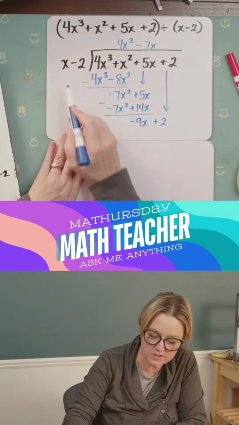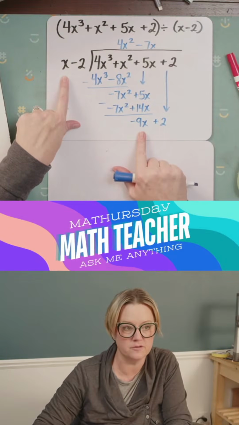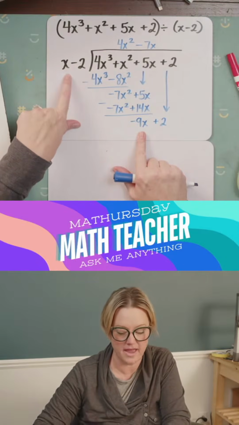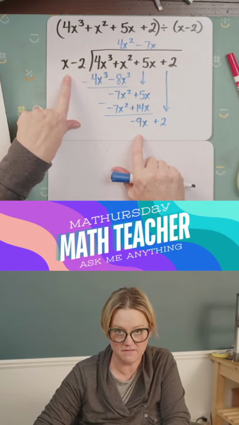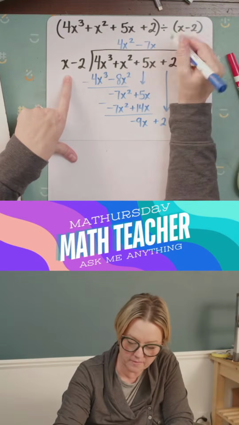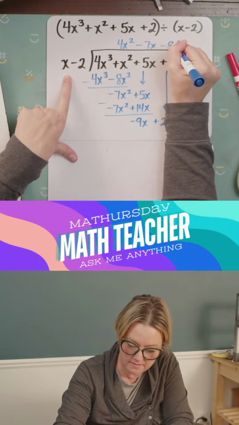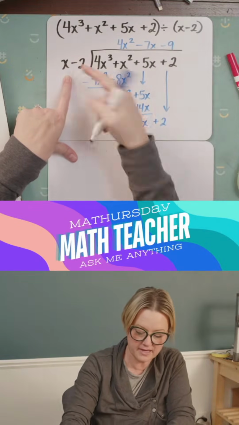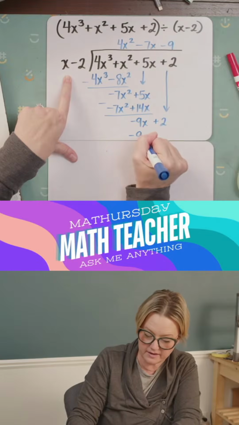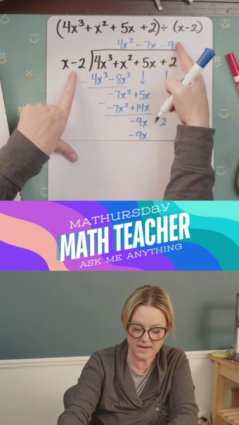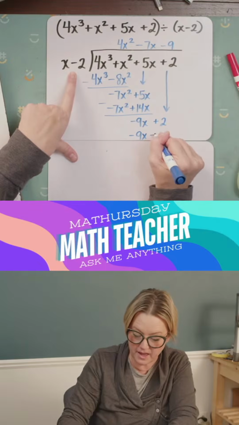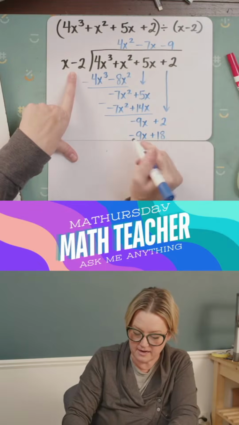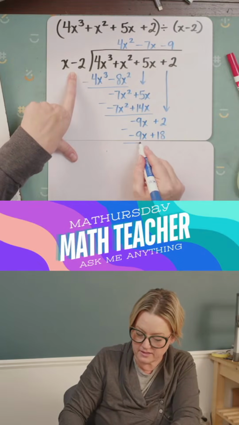Okay, so now again, I'm just going to pay attention to the first two terms. Okay, x, negative 9x. So this is going to give me, I'm going to go minus 9. So negative 9 times x gives me negative 9x. Negative 9 times negative 2 gives me plus 18. And then I subtract.